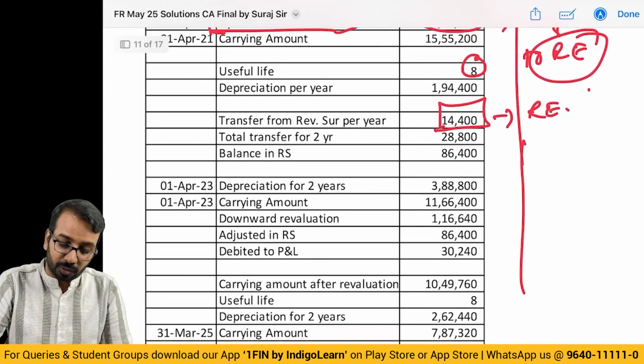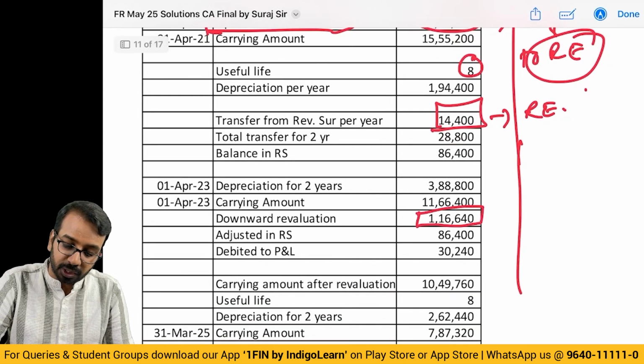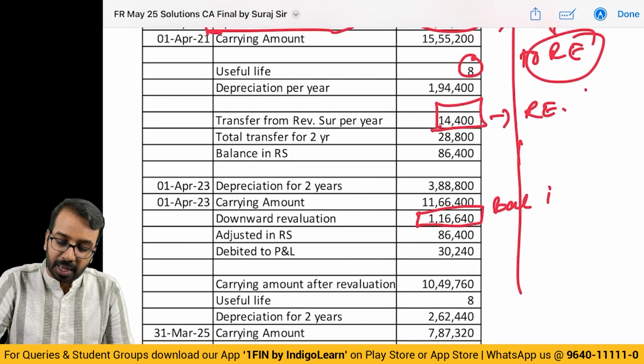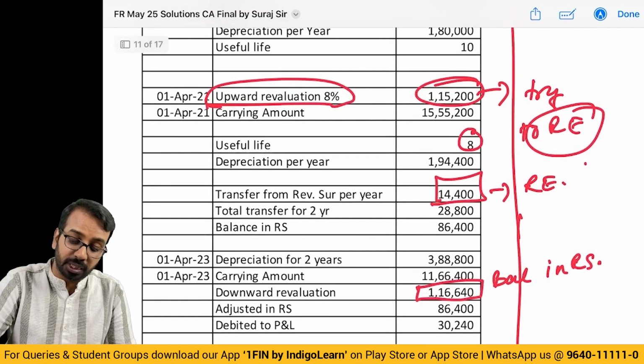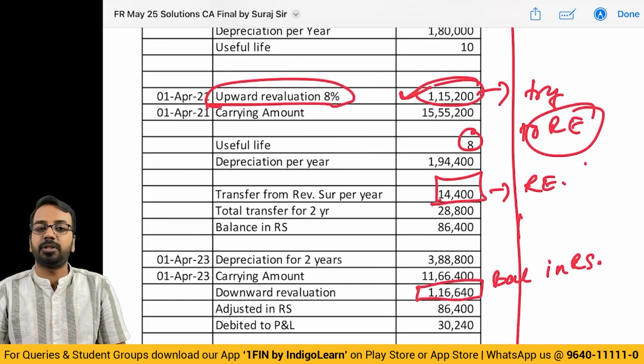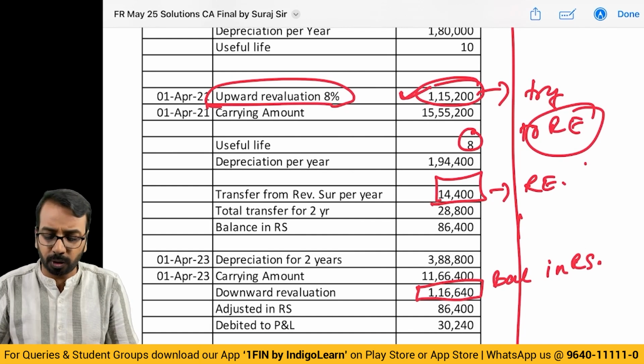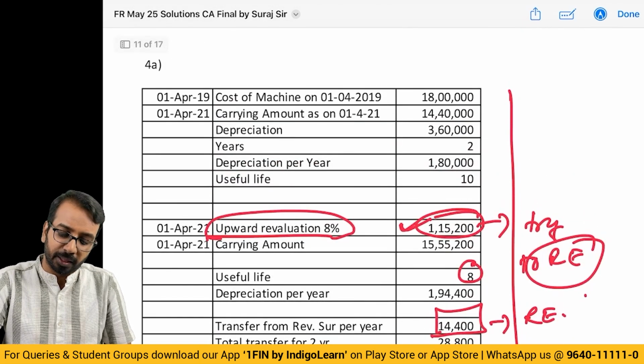Sir, why is this important? This is important because when you do the downward revaluation, you have to see what is the balance in revaluation surplus. Okay, that is where it is important. Our original revaluation surplus is 1,15,200 that you can calculate on your own, or you can just see the cost of machinery 1440 was the carrying amount. On this 1440, 8%.